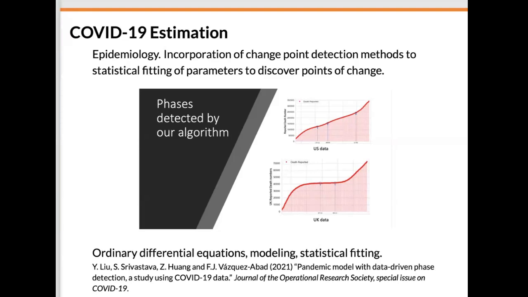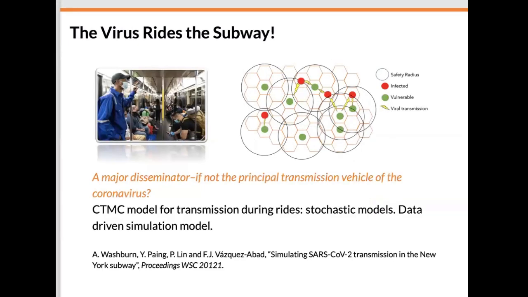So what we did was use change detection methods concurrently with the statistical fitting to try and figure out, has my equation changed or not? And it was funny because we actually predicted the Delta variant before it was described. So we saw that it had hit already by using the data. So that was another thing, and I did it with the student from here.